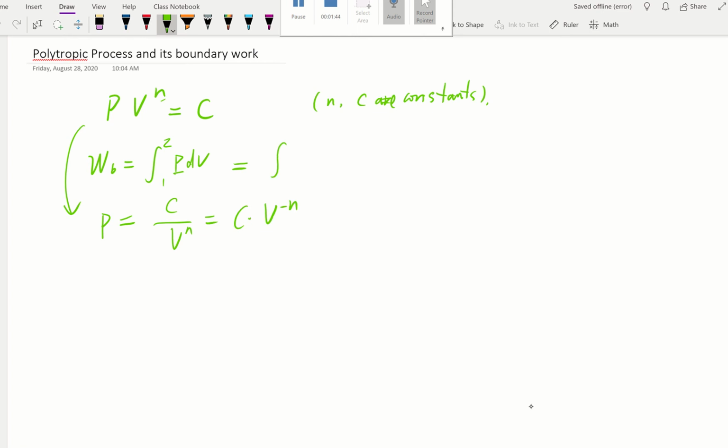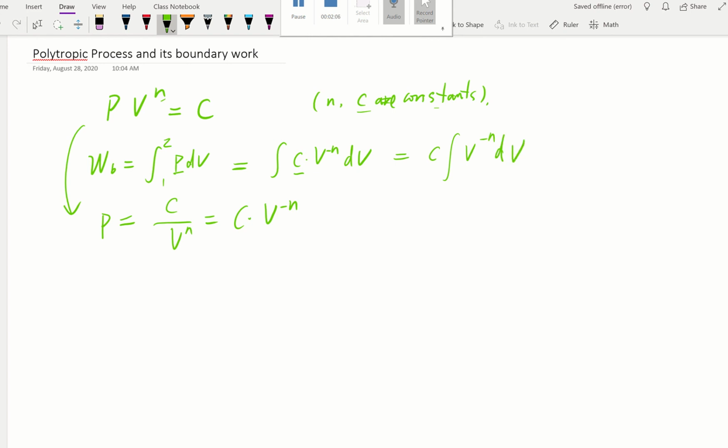Substitute that into this equation and we have this. Again, C is constant, so we can take C out of the integral, and then we have just V to the negative n dV.